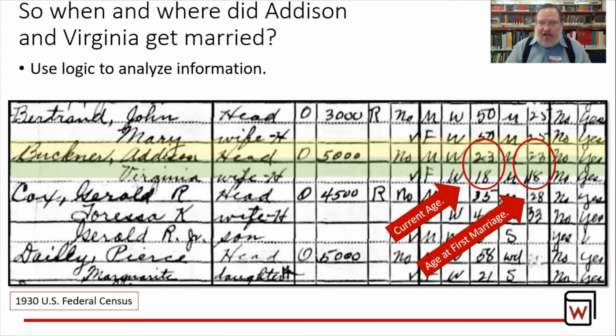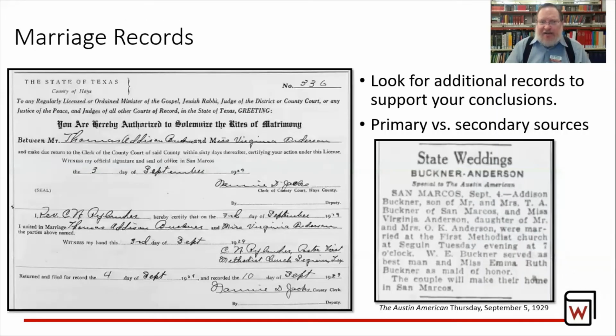Did they get married the year of the census, which had a census date of April 1st? Or did they get married previously, prior to their ages? So this is when you start doing some figuring, doing a little bit of logic looking. And then if we look at the actual marriage certificate, they got married in Seguin, which is not in Hayes County, and they got married the year before, in 1929.